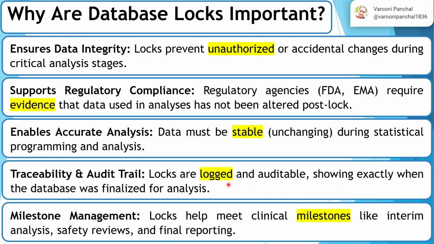Next is milestone management. These locks help meet clinical milestones like interim analysis, safety reviews and final reporting, right? Even if I'm trying to do the interim lock, remember one thing: before conducting the interim analysis, the database can be temporarily locked. The reason is that even the interim analysis can play a vital role if it meets the stopping rules criteria for the clinical trial study.